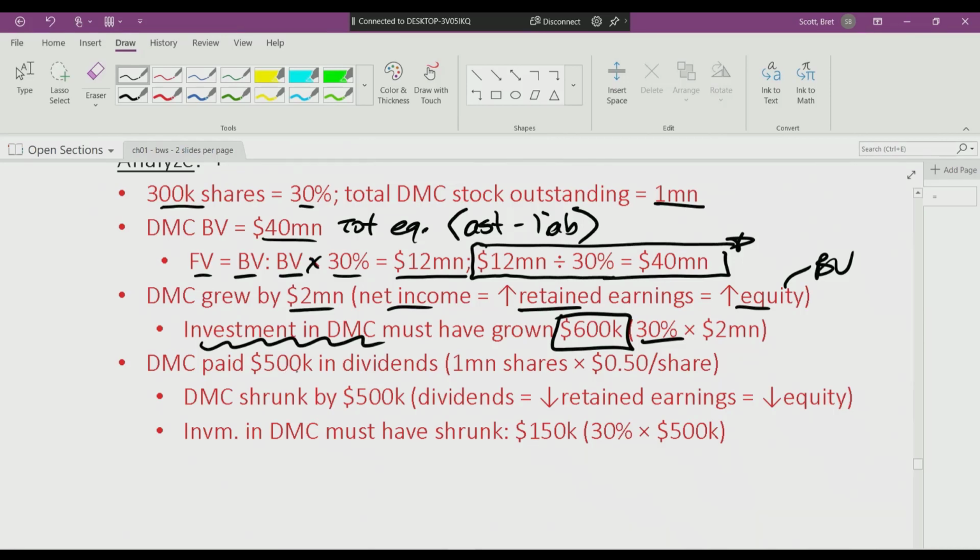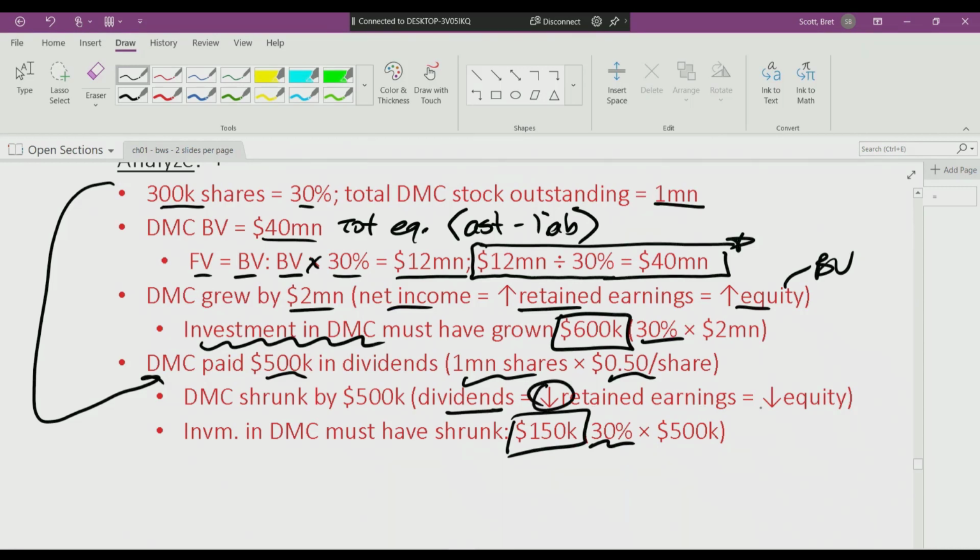Also, DMC paid $500,000 in dividends. How did I figure that out? Well, from up above, I knew that there's 1 million shares outstanding, and 50 cents a share was paid out to shareholders. Good thing I'm a 30% stakeholder, because that means I'm going to get cash of $150,000. Bad news is dividends reduce retained earnings, which reduce equity, i.e. book value.